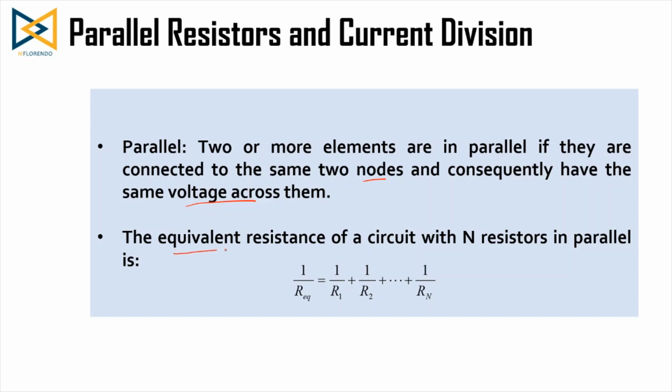Okay, next, ano pa yung kailangan natin tandaan? Yung equivalent resistance naman ng mga resistors connected in those parallel branch is equal to 1 over R equivalent is equal to 1 over R1 plus 1 over R2 plus kung ilan mang resistors ang nandun. So, if we substitute values of R1 up to R sub n in this equation, ang makukuha natin is 1 over R equivalent.